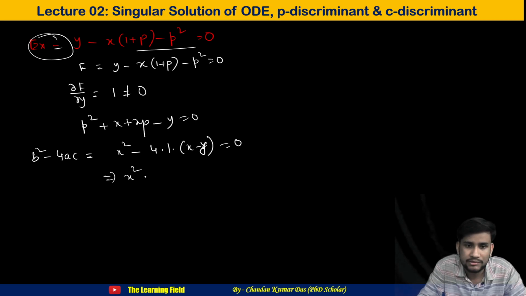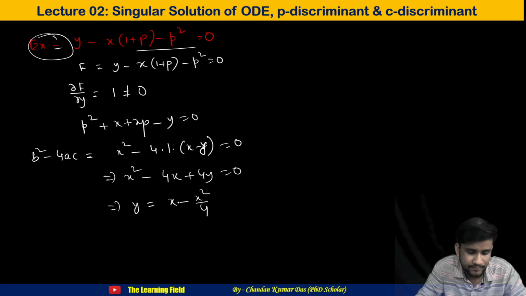That means we get x square minus 4x plus 4y equal to 0. That means we get y equal to x minus x square by 4. Fine.